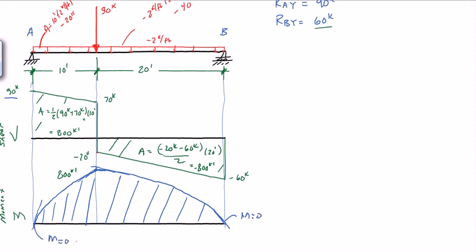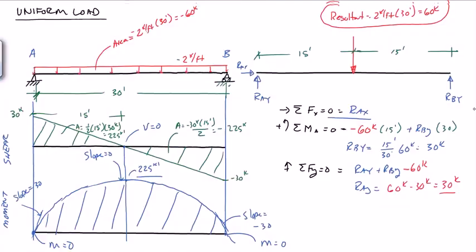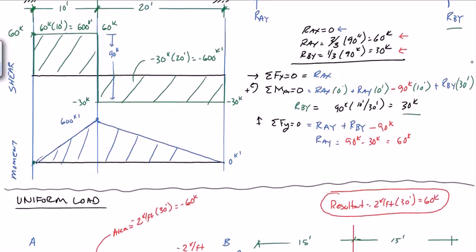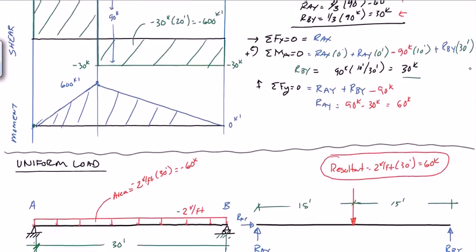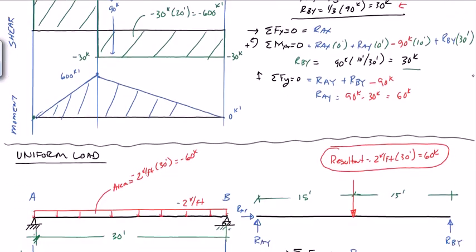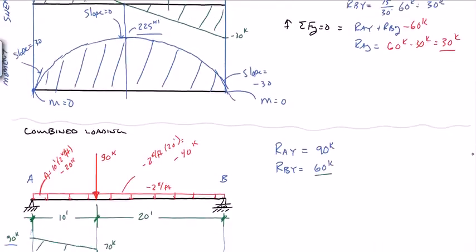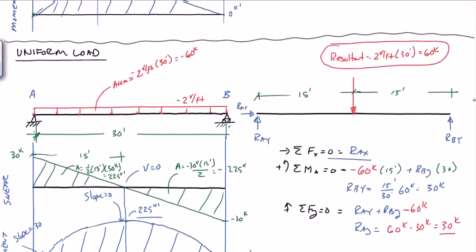Okay, and so just in review, what you can see here is that the moment diagram of the combined loading looks similar to the combination of the other two. We get a uniform load, and if you were to add these two point for point, you would get the actual same number. Notice how the maximum moment is different on both of these.